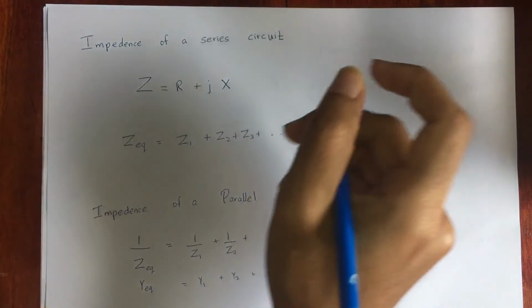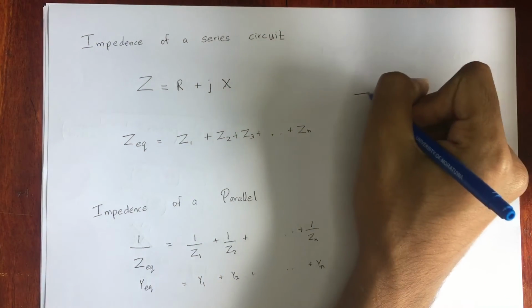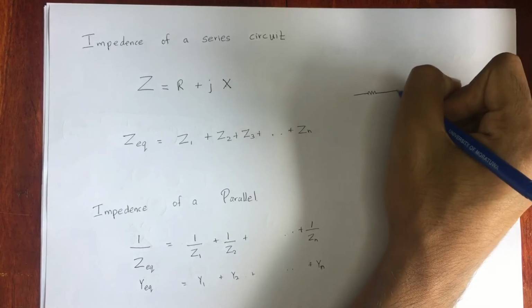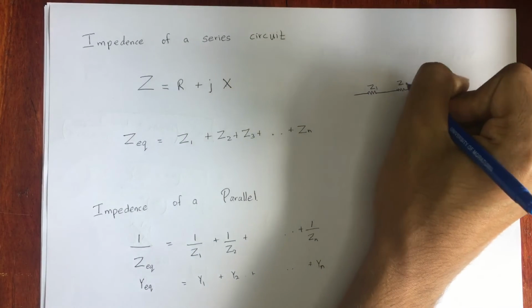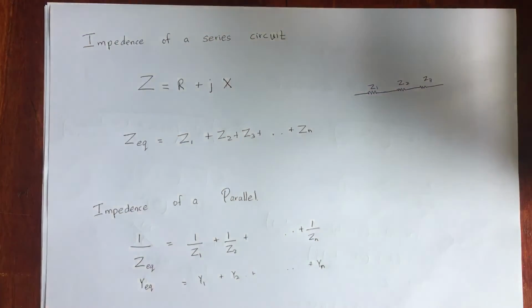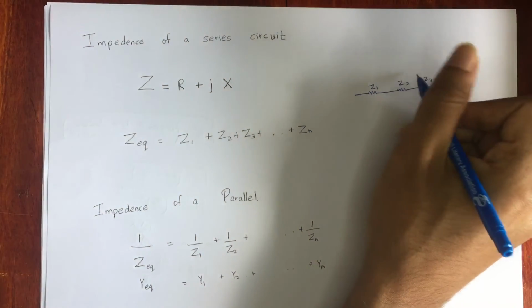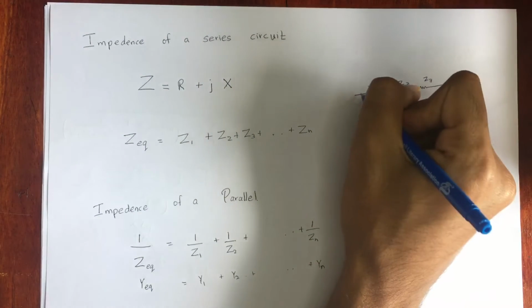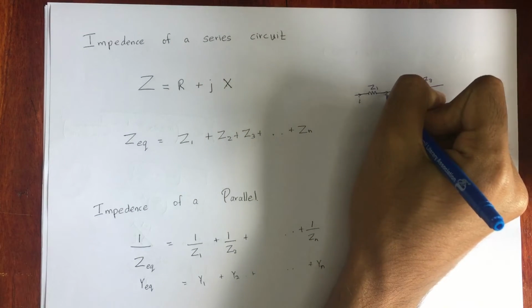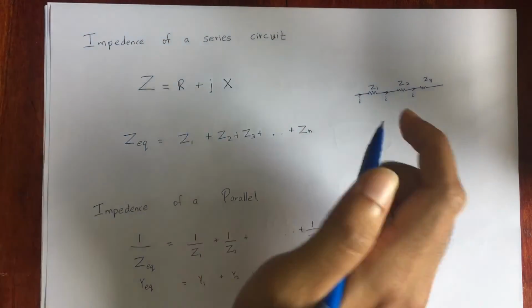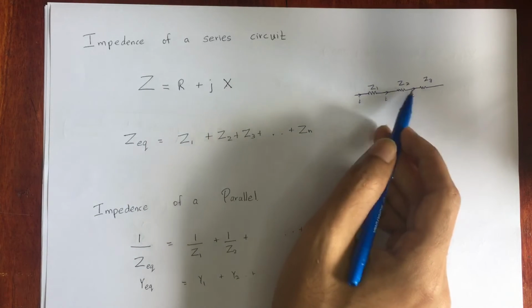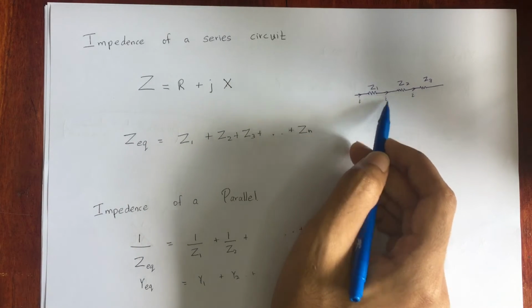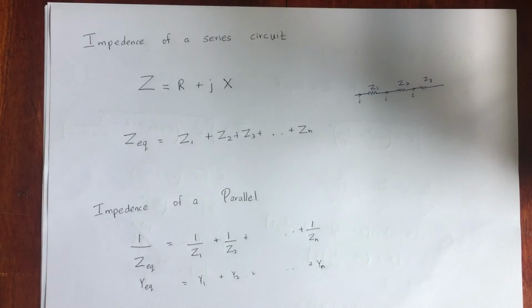The answer is, let's consider a series circuit which has impedances, say Z1, Z2 and Z3. When one component receives the current I, as they are in series, the other two components also have the same current.